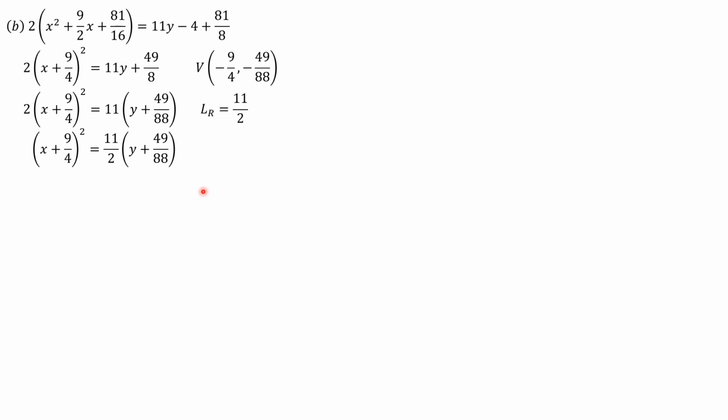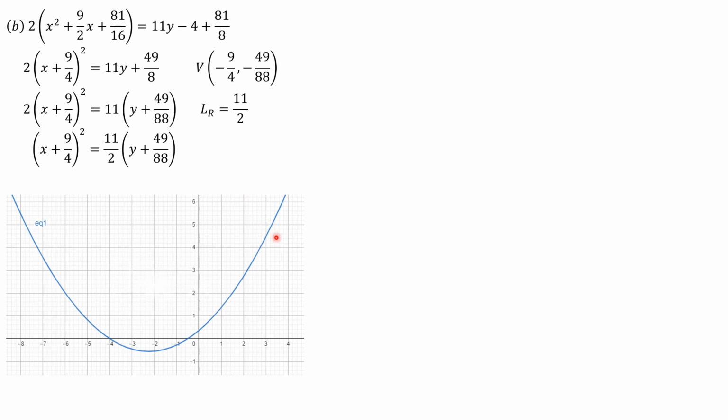Then let's graph it. 11 over 2 is the length of the latus rectum. So open upward. This is the vertex at negative 9 over 4, comma, negative 49 over 88. The focus is somewhere here, and it is negative 9 over 4, comma, negative 49 over 88 plus 11 over 8. So that's negative 9 over 4, comma, 9 over 11. The directrix is below.